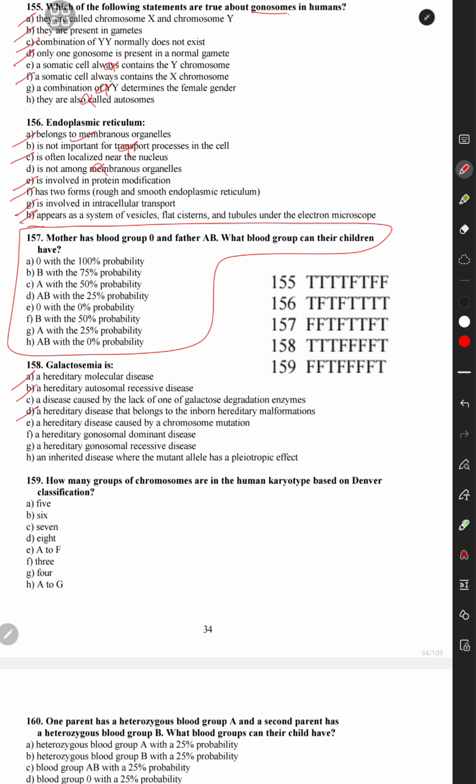Hereditary disease caused by a chromosome mutation. Chromosomal dominant, recessive, pleiotropic effect. True, true, true. Lack of one of the galactose enzymes belongs to the inborn hereditary malformations. An inherited disease where the mutant allele has pleiotropic effect. Autosomal recessive.